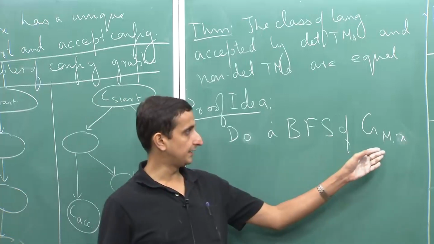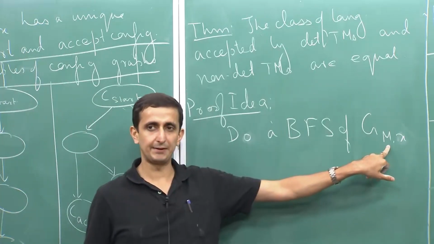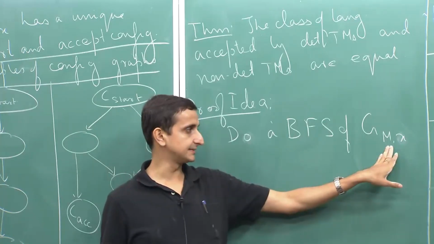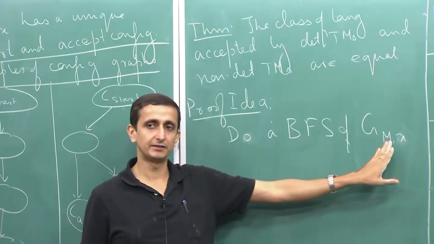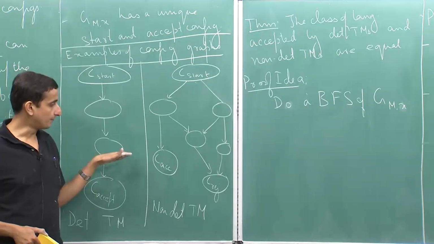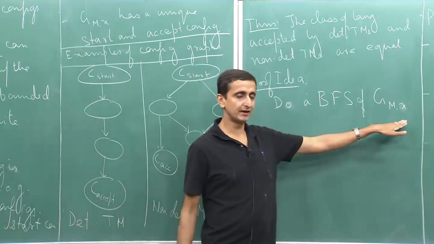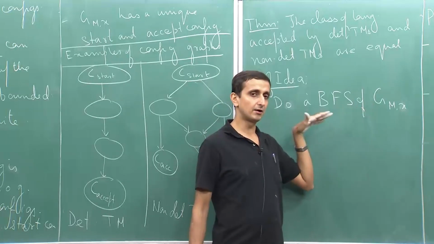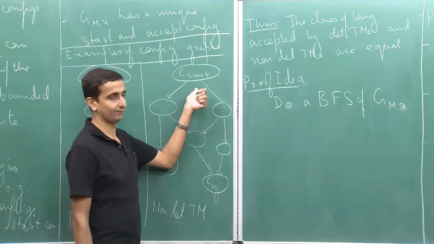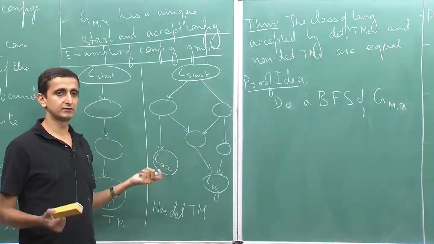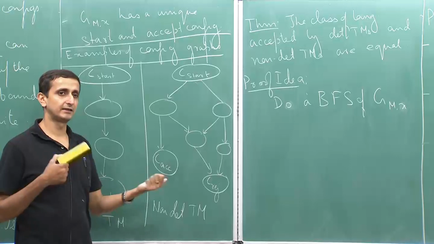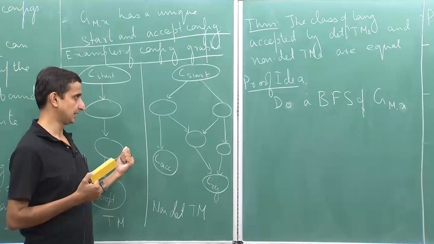Suppose we are given a non-deterministic Turing machine M, and an input x, and I want to decide whether x is accepted by M or not. What I do is I compute the computation tree of G_{M,x}, and I actually do not compute it all together, I just compute it as and when required. First I compute the start configuration, which is of course easy, because it is just the input, the start state, and the input head is at the leftmost cell.